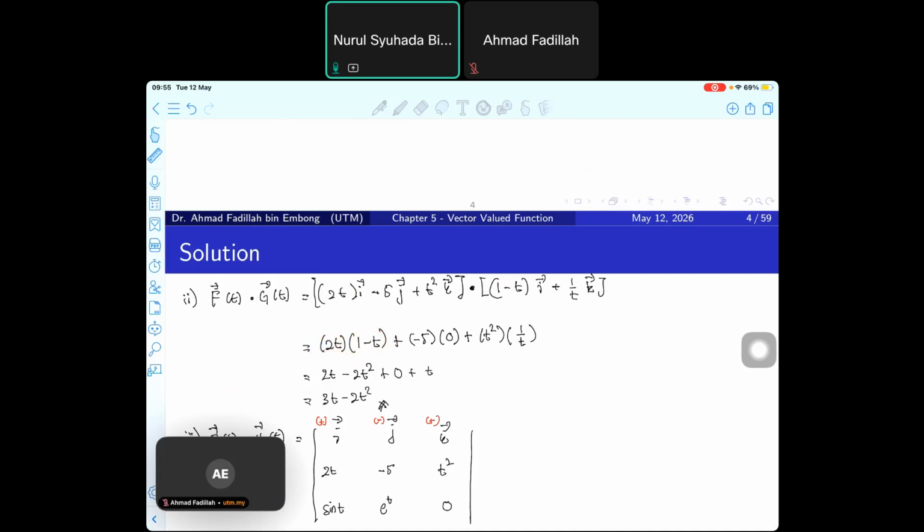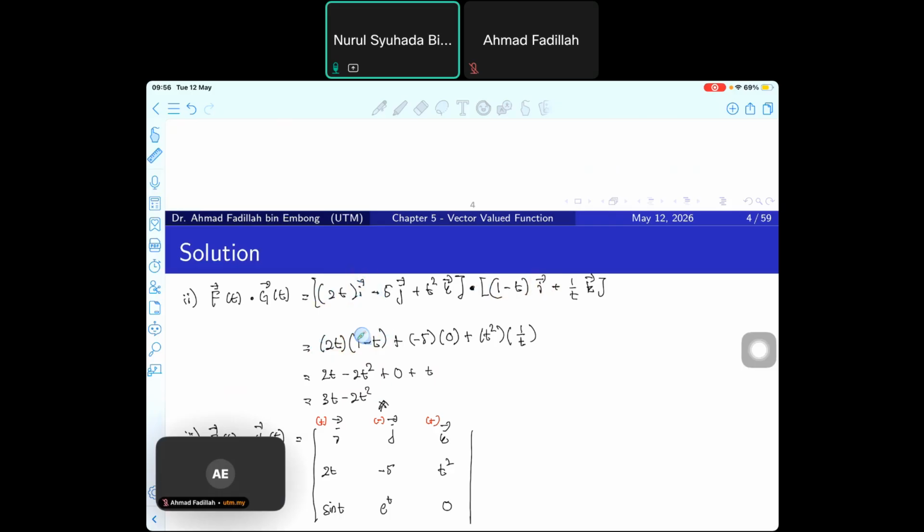You have to keep in mind, please do not bring the i, j, k vectors together. You see that I just multiply the coefficient in front of the ith component and also over here. I did not copy the vector i.